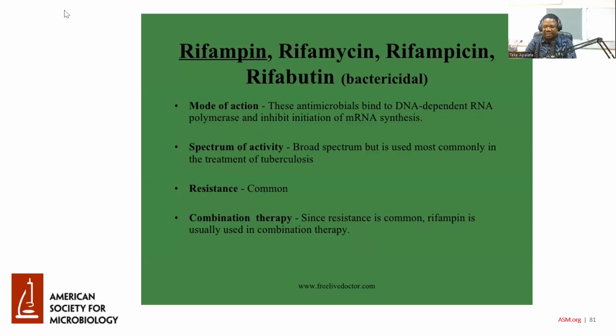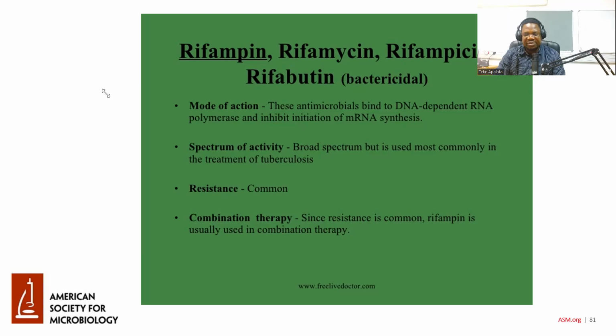These antimicrobials bind to the DNA-dependent RNA polymerase, and they then inhibit the initiation phase of the messenger RNA synthesis. And they do have a broad spectrum of activity, but they are mostly used for the treatment of tuberculosis. So rifampicin is really reserved for the treatment of tuberculosis.